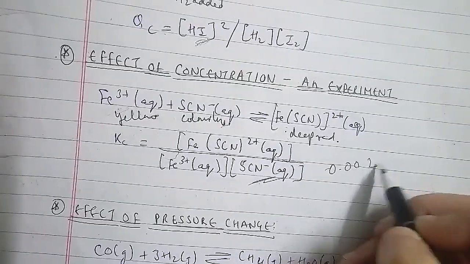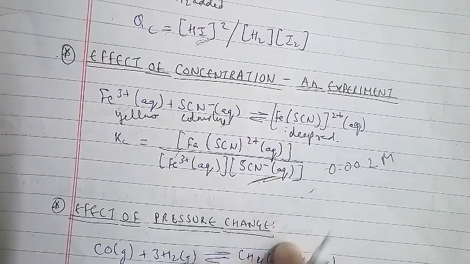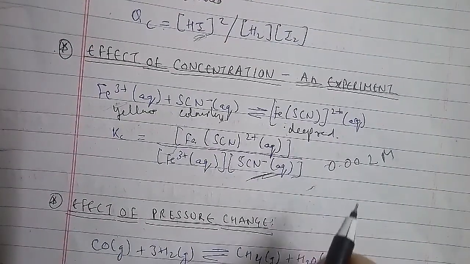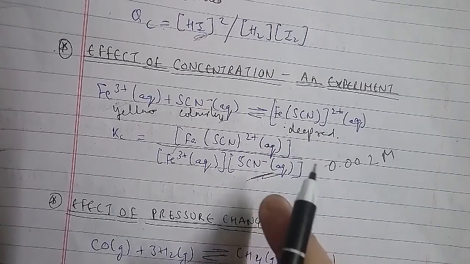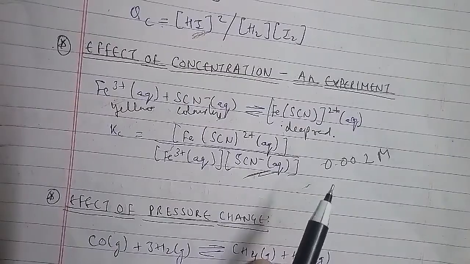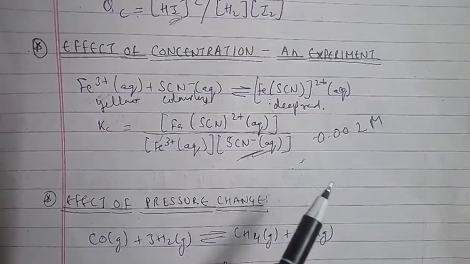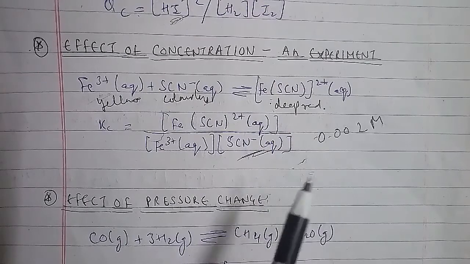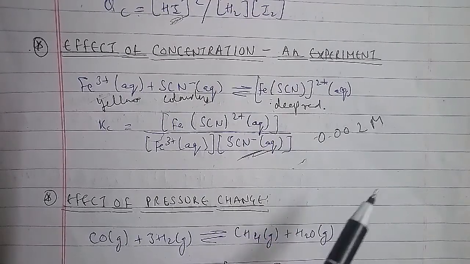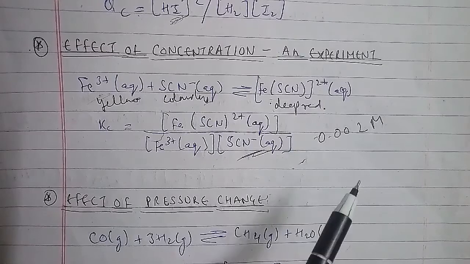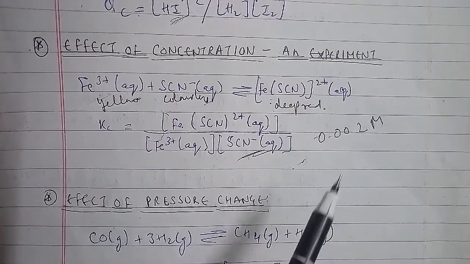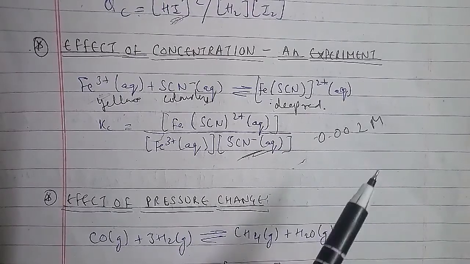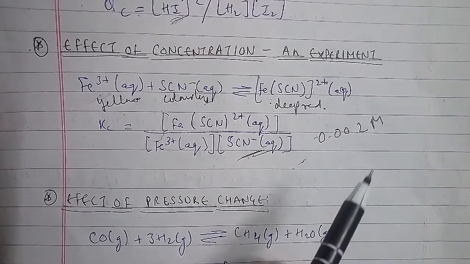The equilibrium can be shifted in the opposite direction by adding a reagent that removes the Fe3+ or SCN- ions. For example, oxalic acid, H2C2O4, reacts with Fe3+ ions to form the stable complex Fe(C2O4)3 3-. Thus the concentration of free Fe3+ aqueous decreases.